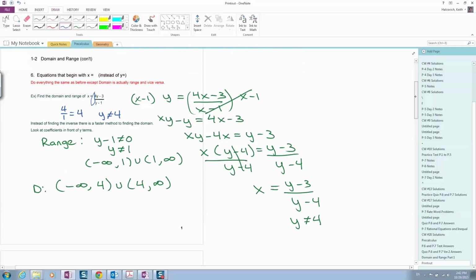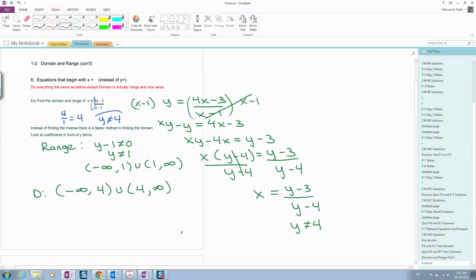So if you notice, the y does not equal 4 here matches with the y does not equal 4 there. So instead of finding the inverse, all you have to do is divide the coefficients in front, and that'll give you the restriction for that domain.